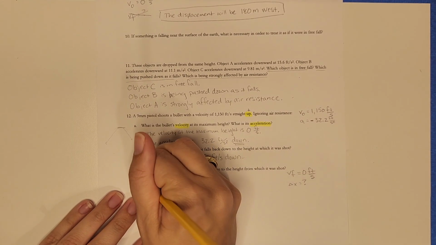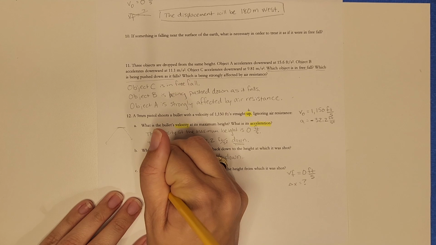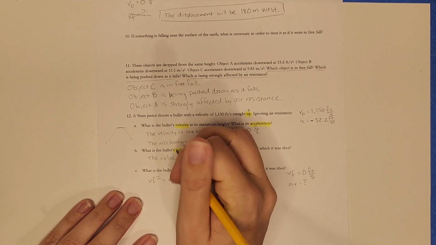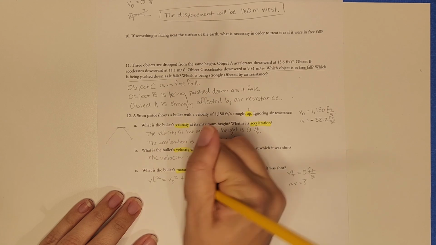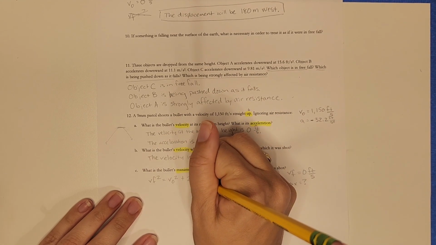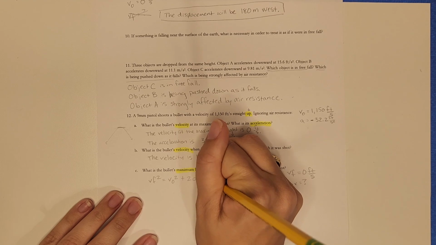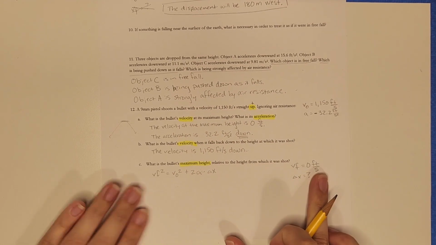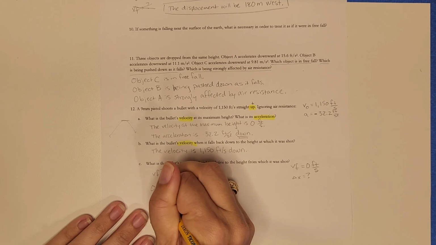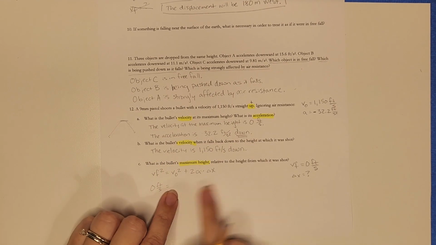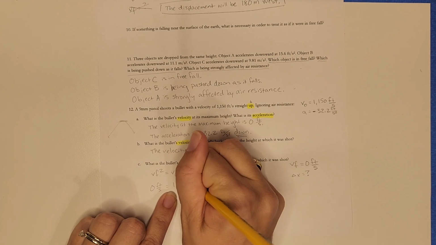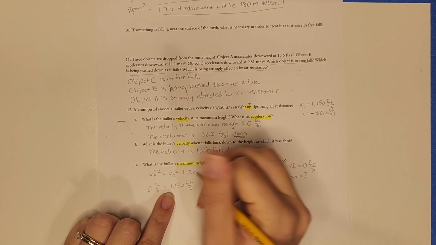So my velocity, I'm going to write out this equation. VF squared equals V naught squared plus 2 times acceleration times delta x. Okay, so my final velocity, 0 feet per second, equals my initial velocity, 1,150 feet per second.